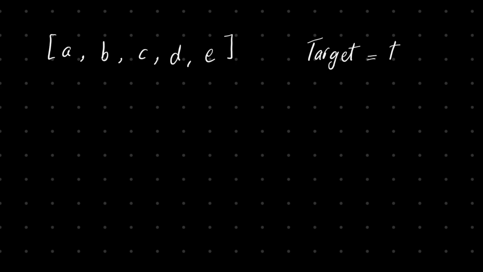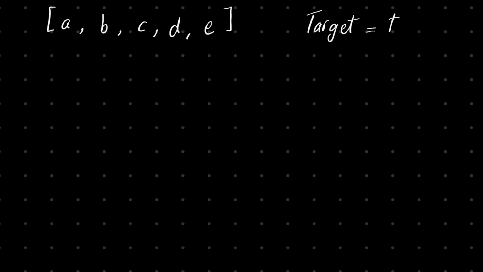Okay, guys, so let's recap what we talked about in the previous video about the two-sum problem. We mentioned that if you have an array, let's imagine A, B, C, D, E, and we're trying to find which two numbers will add up to some target T. One solution, which is the brute force solution, as we discussed, is to try every possible unique pair.